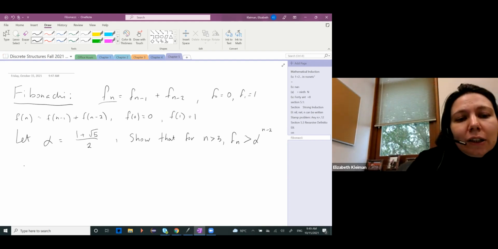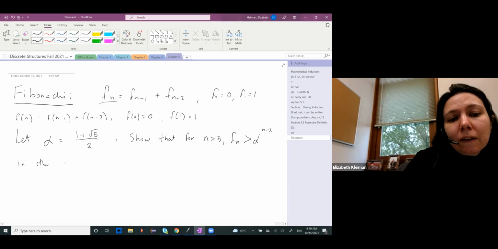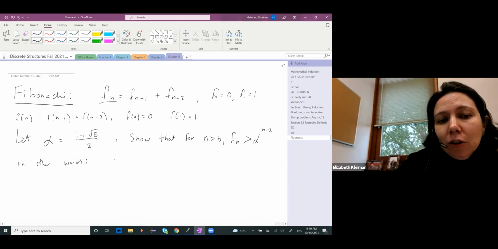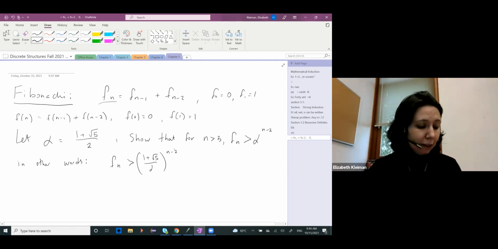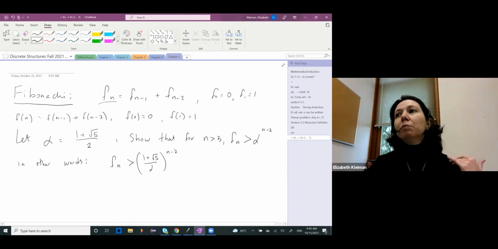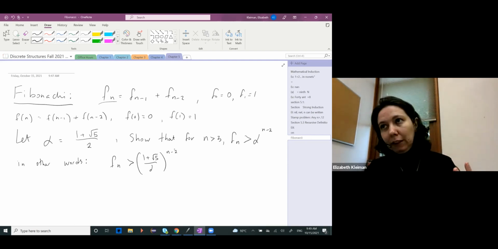In other words, I want to show f of n is bigger than 1 plus square root of 5 over 2 to the power n minus 2. The question is, how can we prove something like this, okay?